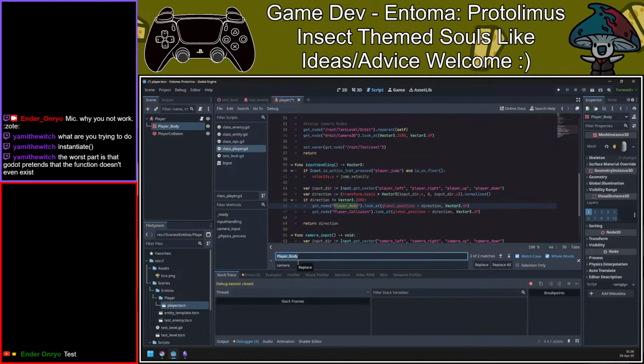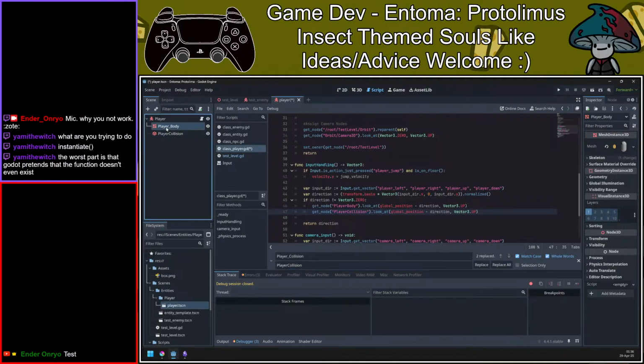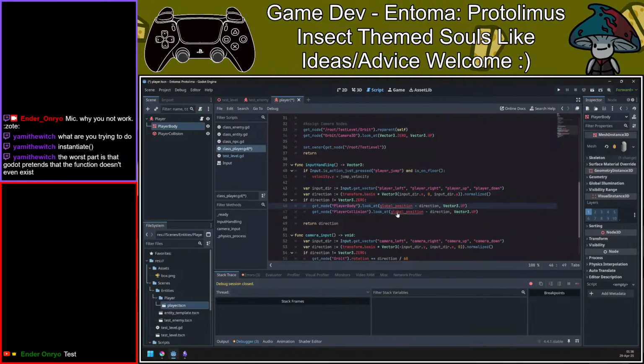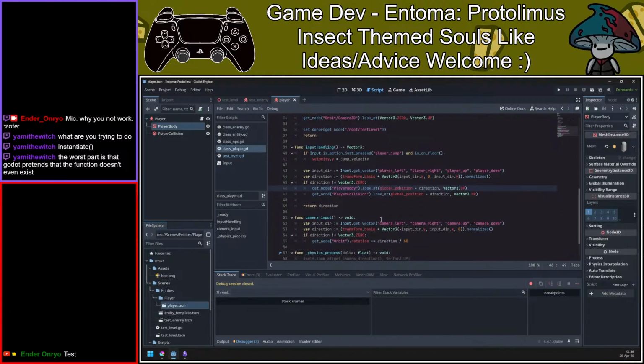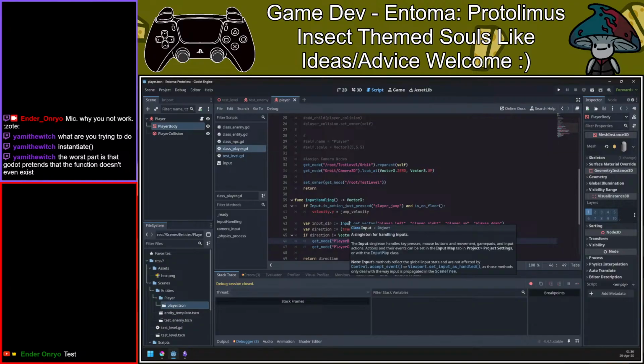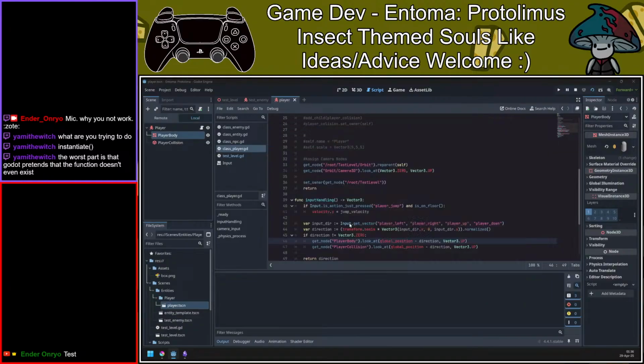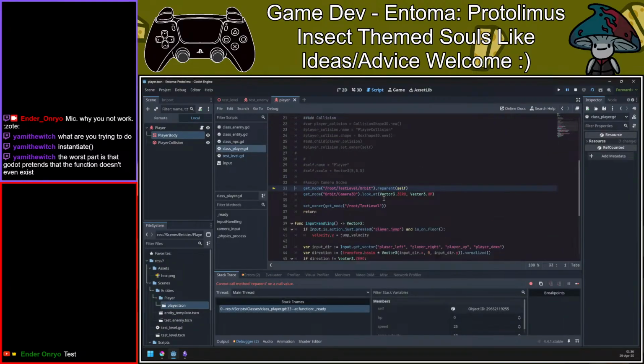Godot pretends that the function doesn't even exist. Yeah, I noticed that, that was odd. There were some things that just don't show up in the dropdown. Cannot call reparent on a null value.